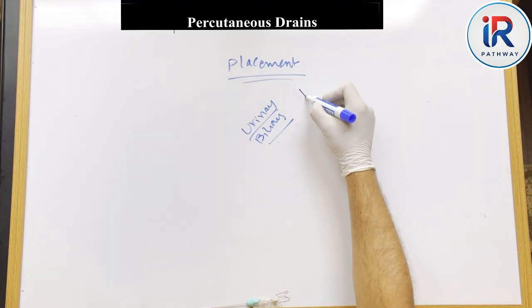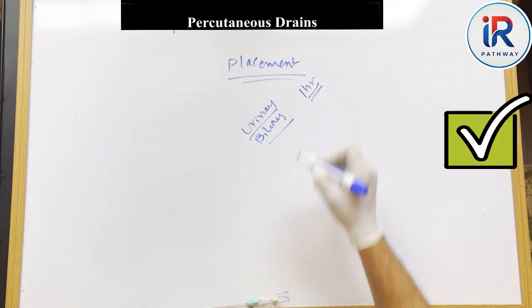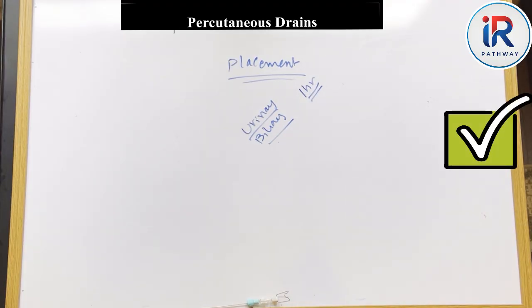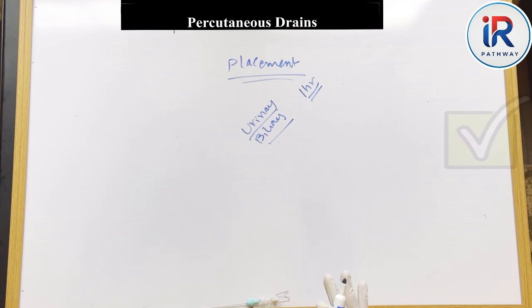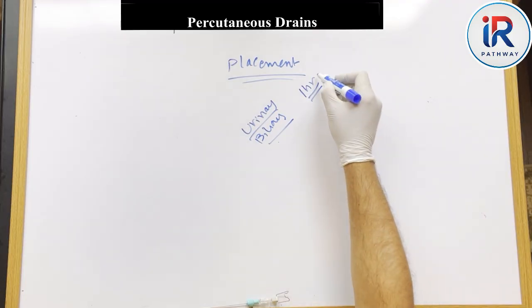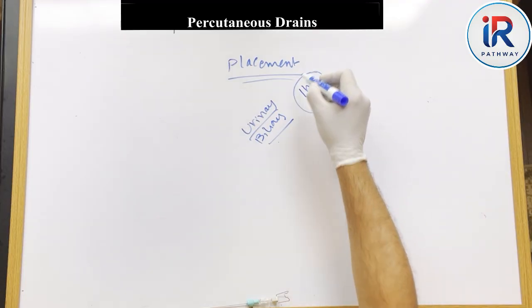These are the two cases where we strongly prefer antibiotics to be given within 1 hour before the procedure, because manipulation during the placement of the drain can easily trigger bacteremia and the patient may go into sepsis. So, in urinary and biliary obstruction cases, especially with infection or sepsis, make sure antibiotics were given within 1 hour.